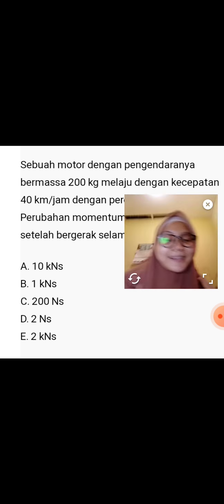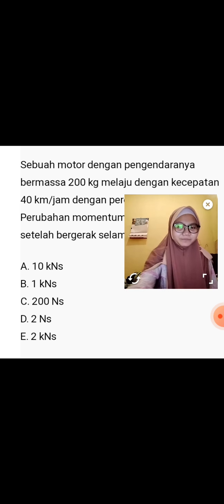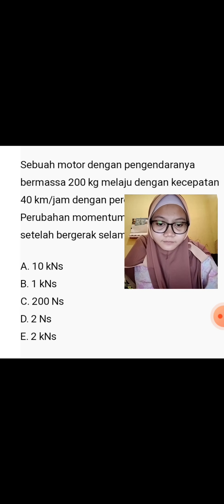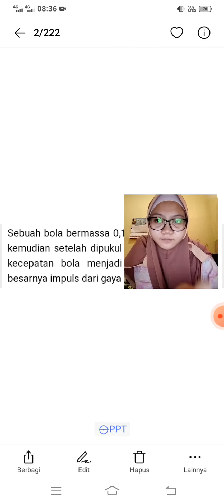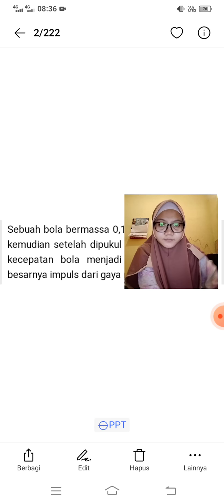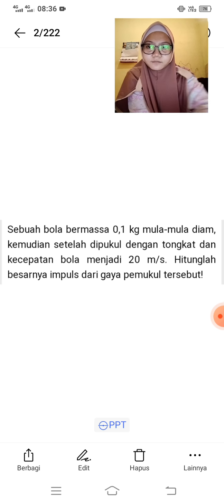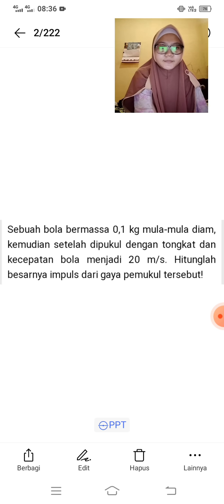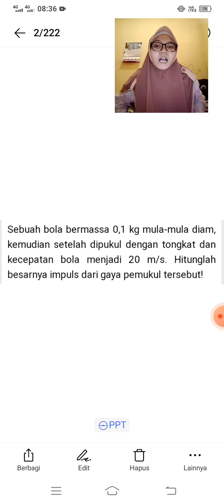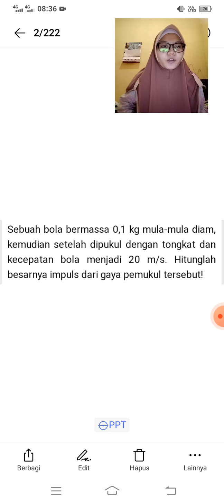2 kNs. Okay, next, number 3. A ball with a mass of 0.1 kilogram is at first stationary.